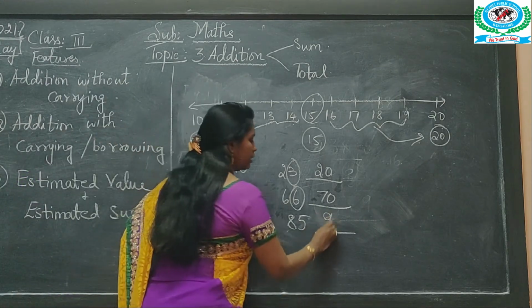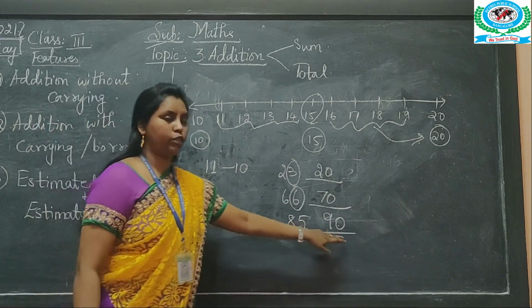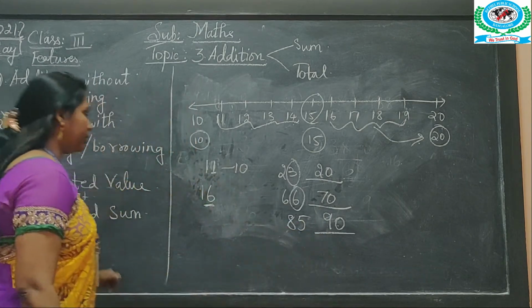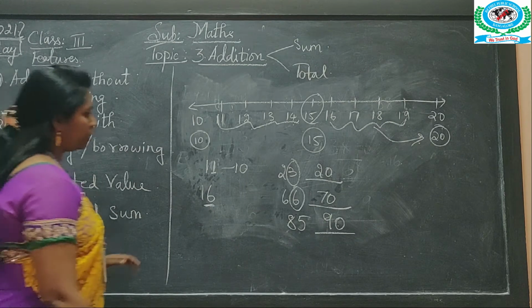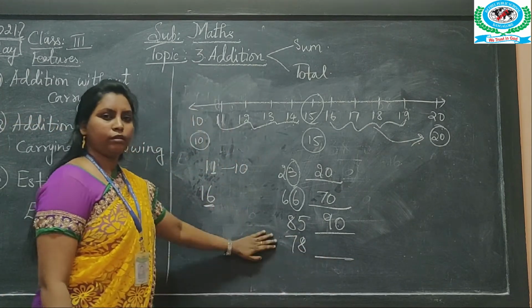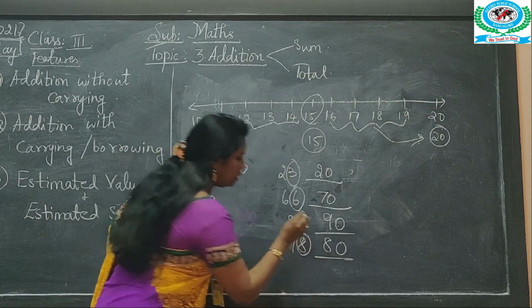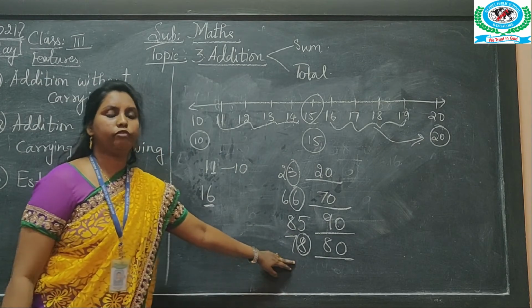It will be 90, because it is 5. Then what is the estimated value for 78? It is 80 because 8 is a number more than 5.